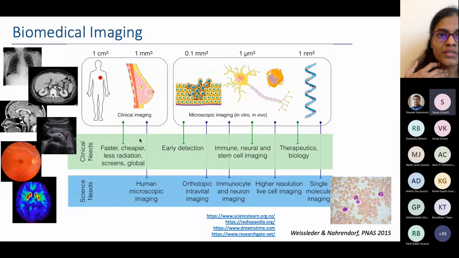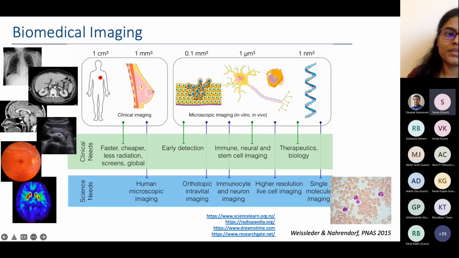So biomedical imaging can be done at multiple scales, multiple resolutions, and for multiple purposes. So it can, in general, meet two specific needs: clinical needs and science needs. So in clinical needs, our main concern is to get results at an early stage, and also to get more accurate results by using an appropriate medical imaging technique.